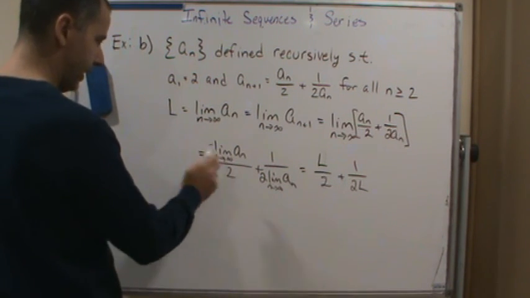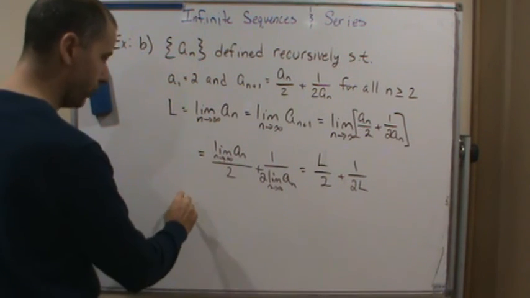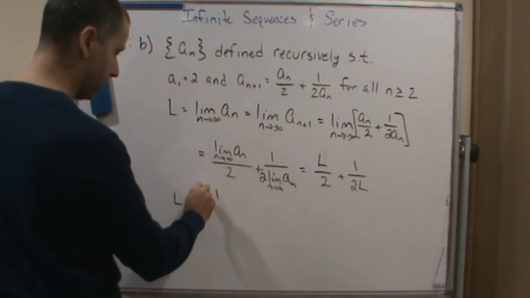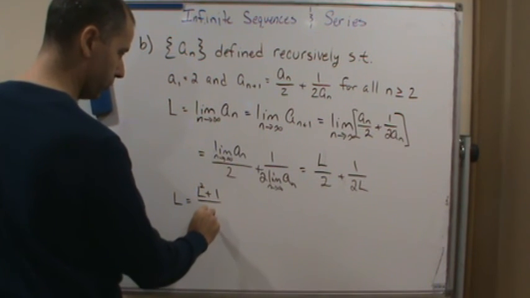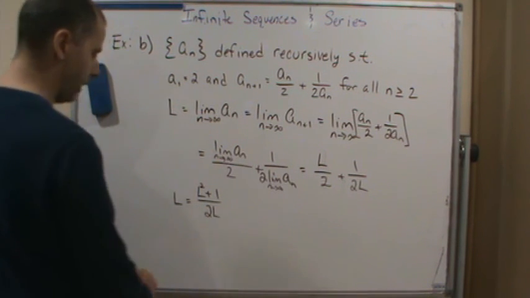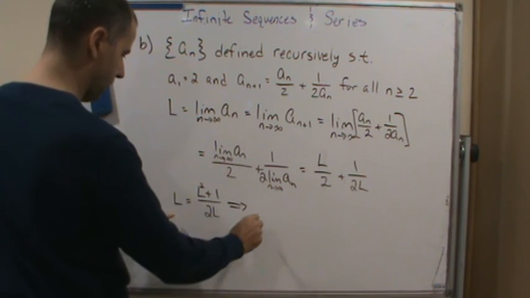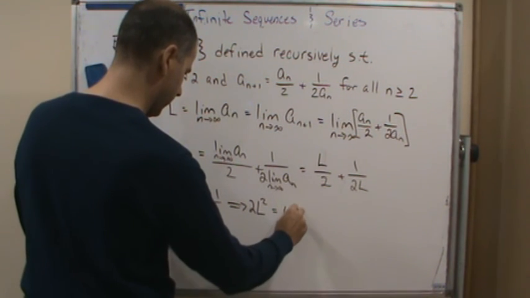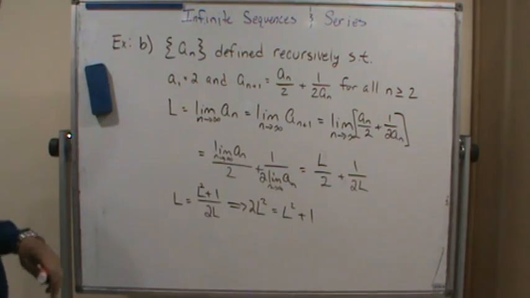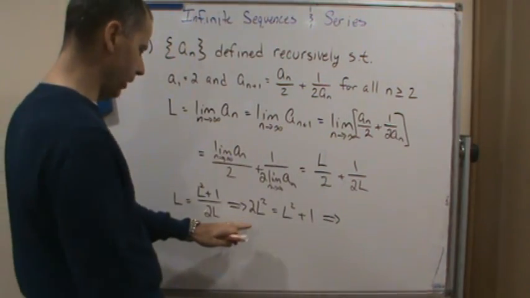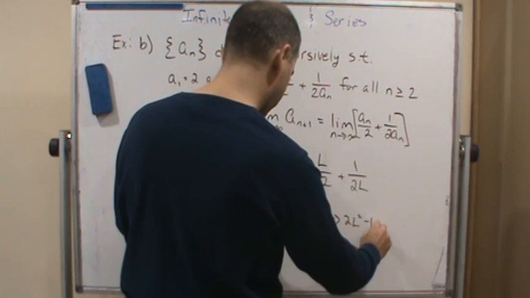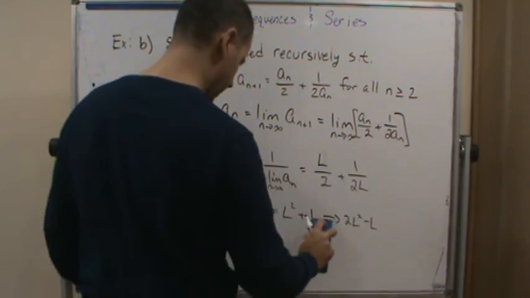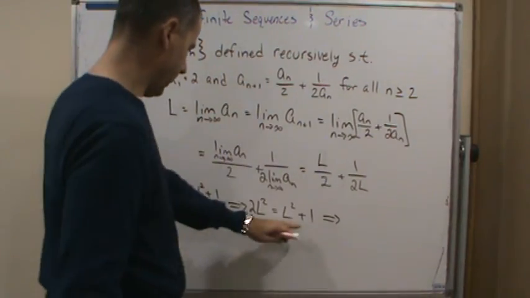So now this is equal to L. If we simplify this, we got L is equal to L squared plus 1 over 2L, which then gives me 2L squared equals L squared plus 1, which is a quadratic in L. So I have to subtract from both sides.